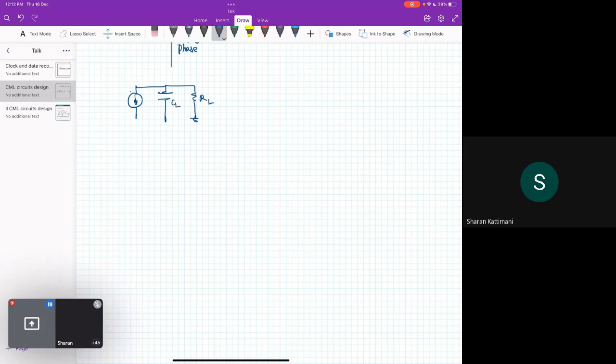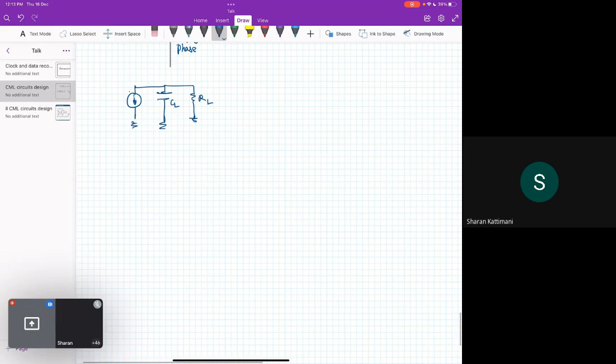So let's assume we have a load RL CL, and this is the simplified version of it, Vy. So this is first inverter and this is the second inverter, CL RL. So this is the small signal version of the same thing.